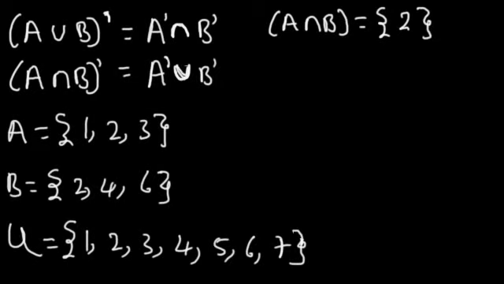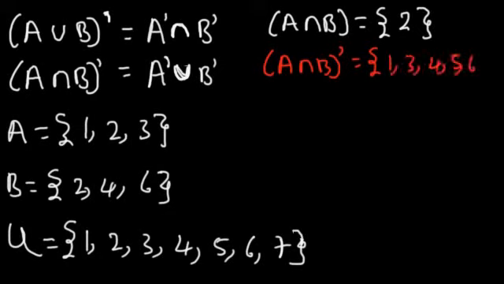Now, what is the complement of this? A intersection B complement will be simply equal to the elements in the universal set but not in A intersection B. So this simply equals 1, 3, 4, 5, 6, 7. Now let's move back to this point. What is A prime?